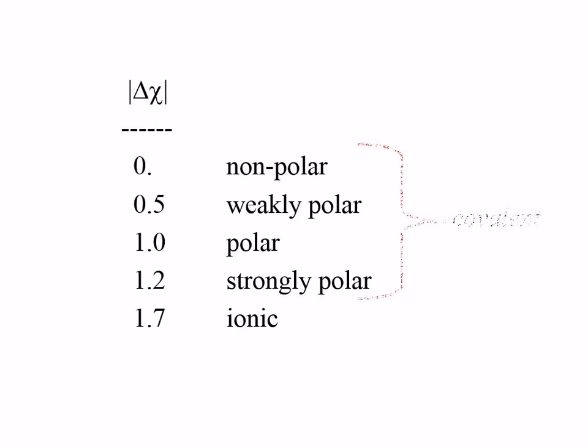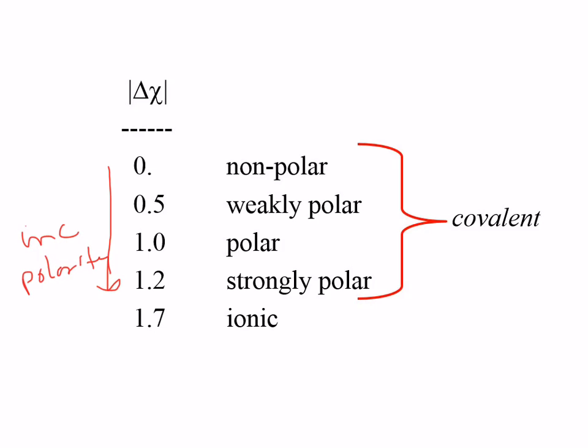All right, this is the same one that I brought in earlier. So we have a degree of polarity, and we would say that the bond is increasing in polarity.